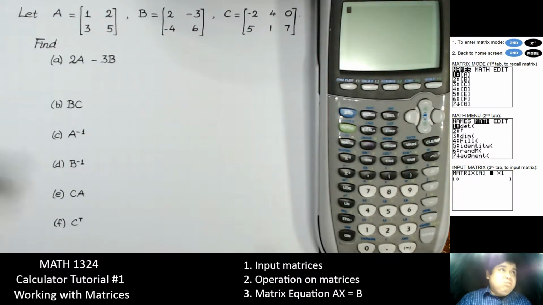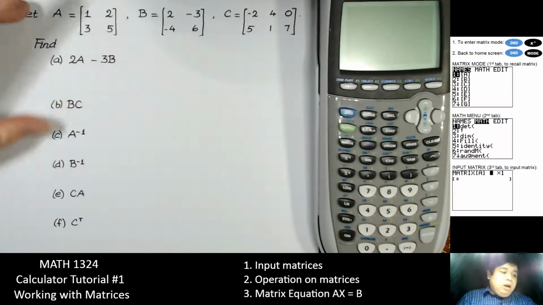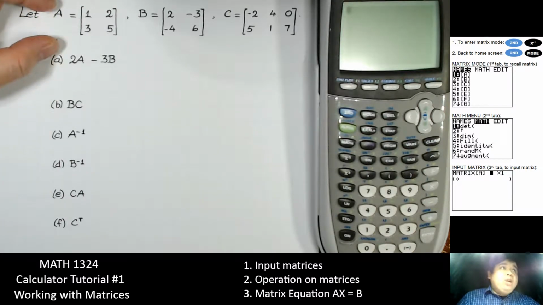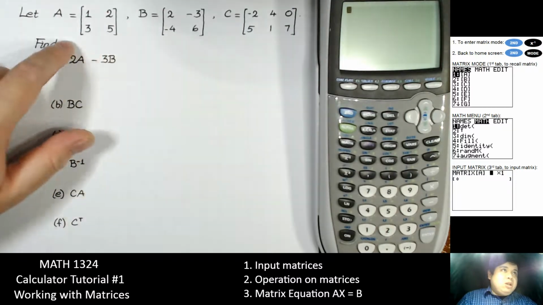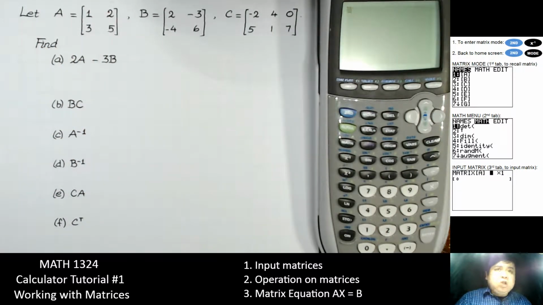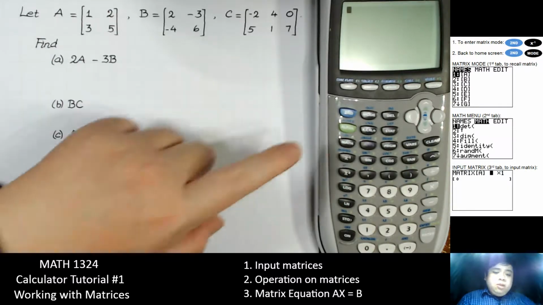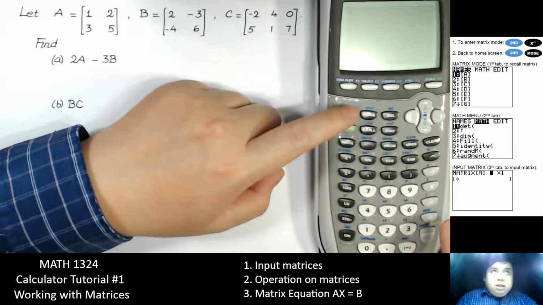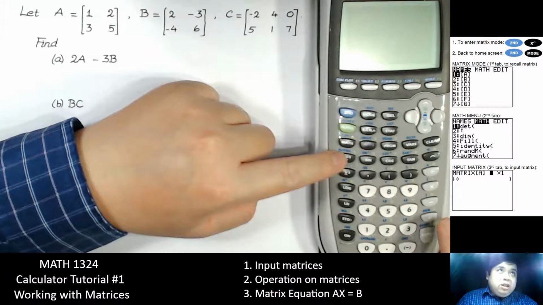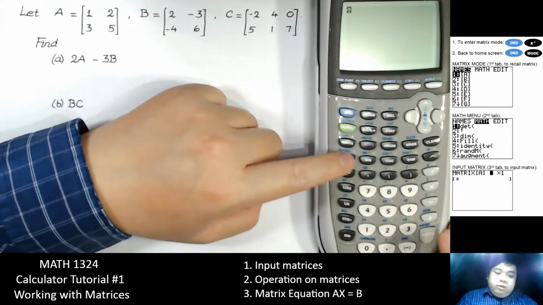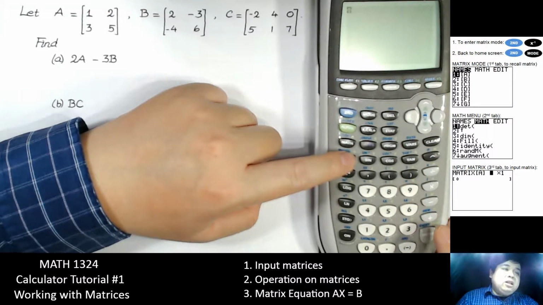I'll just get right into it. The first thing for the problem, we need to input those matrices into the calculator. To do that, of course, as in the instruction on the top, hit second and then the x to the -1 key. That also serves another purpose later, so we do that.